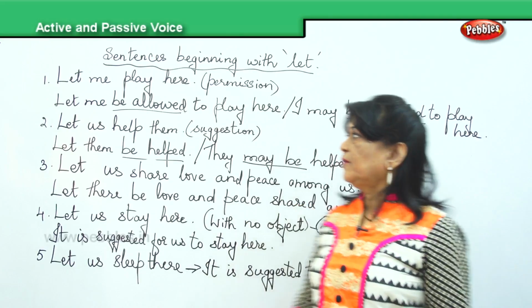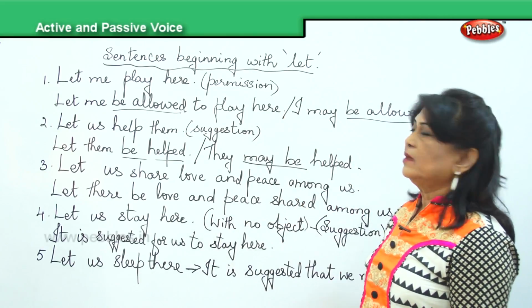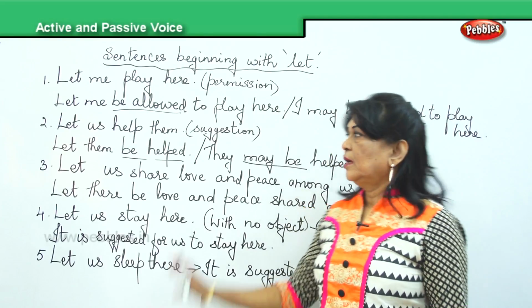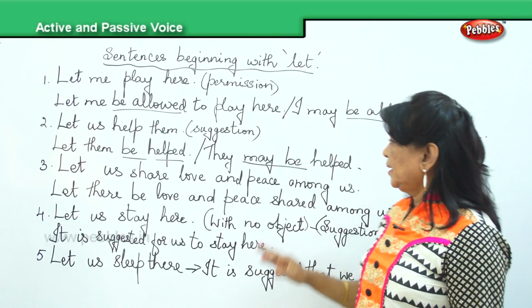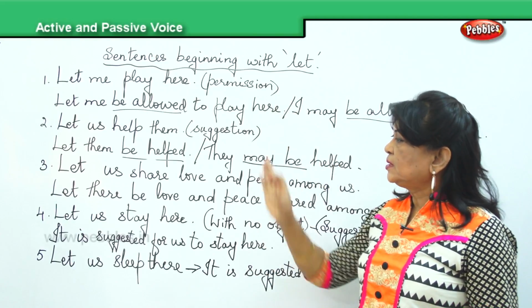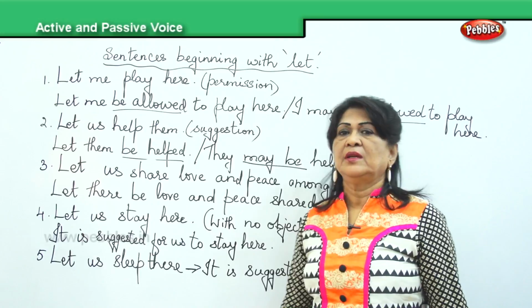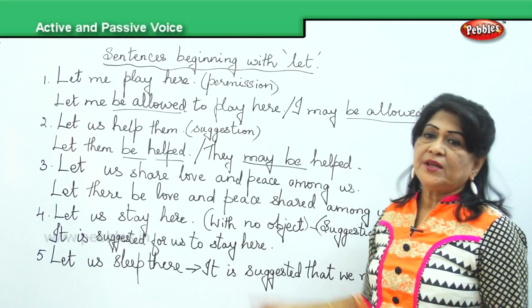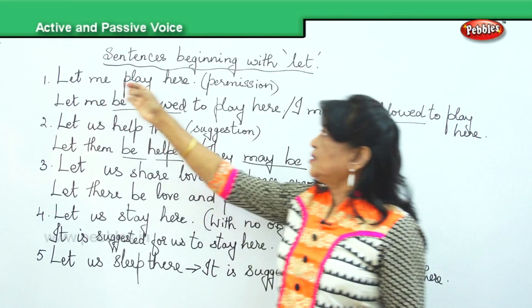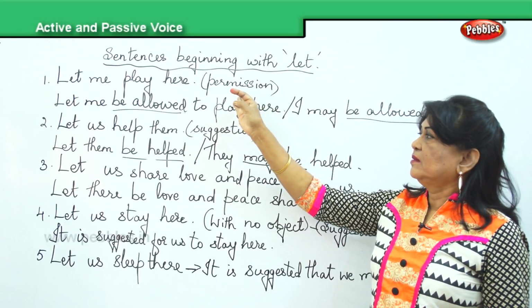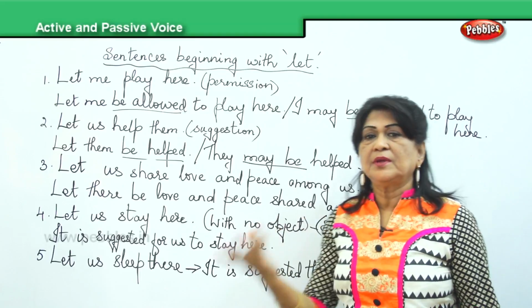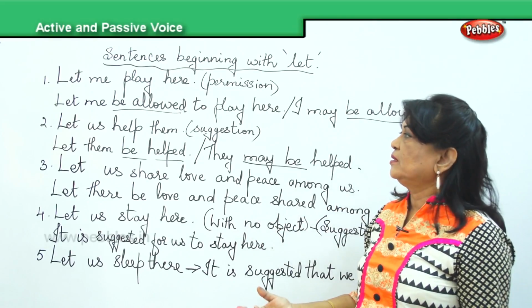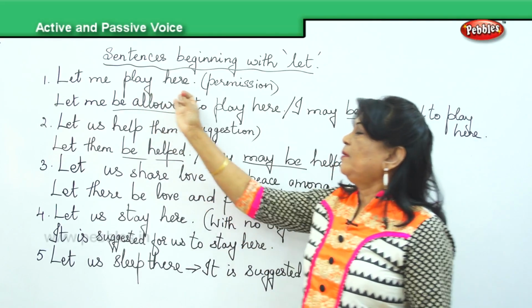Okay, shall we revise whatever we went through now? Under that, that is sentences beginning with let, and permissions and suggestions. We'll just have a recap. Let me play here. This is asking for permission.